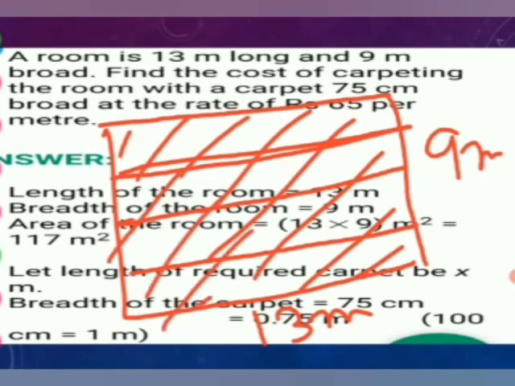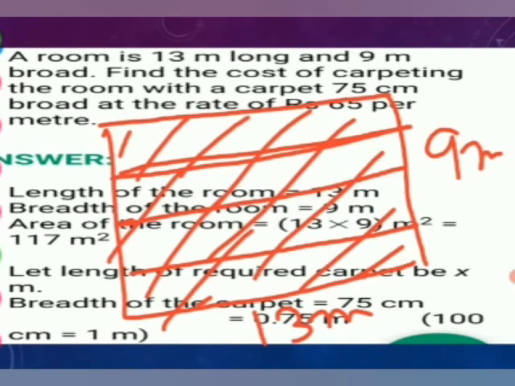So it is asked to find the cost of carpeting the room. That means we need to calculate the area of the carpet, and for area we should know the length and the breadth of the carpet, then only we can calculate. But the breadth is given here and the length is not given. So first of all, to calculate the length, we will calculate the area of the room, and this area of the room will be covered by the carpet of width 75 centimeters.